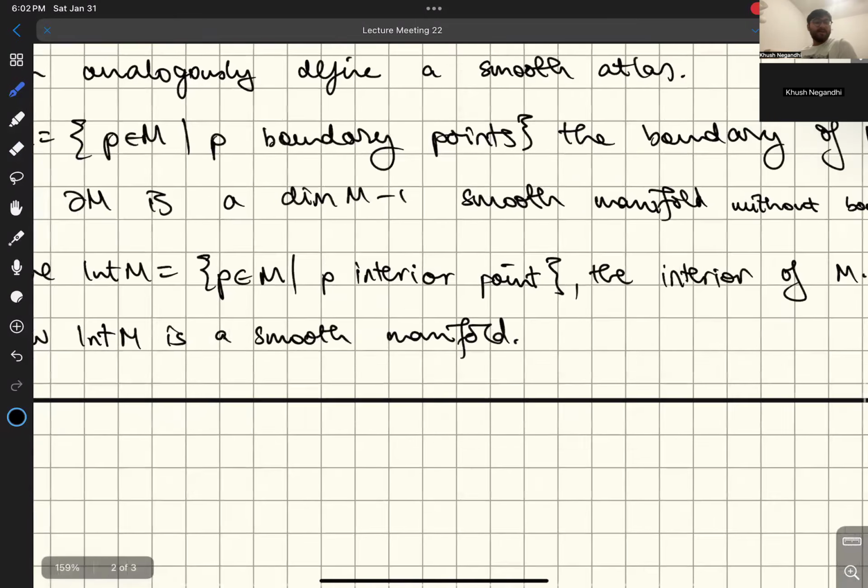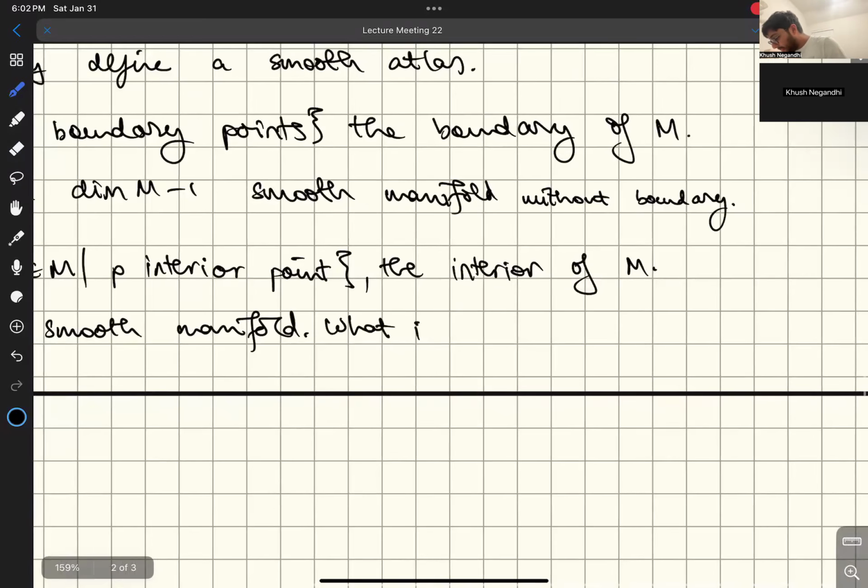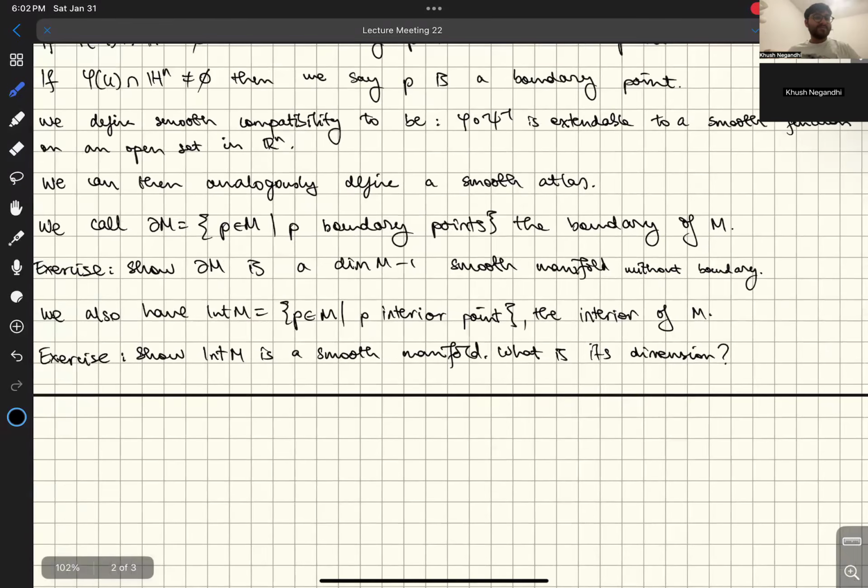And what is its dimension? It should be pretty obvious what its dimension is. I'll let you think about how to take charts on the interior of M. With the boundary of M, you still have to think a little bit about how to get proper charts that don't map into Hn, but map into Rn, Rn minus one, I suppose. But with the interior, it's pretty clear what it is.